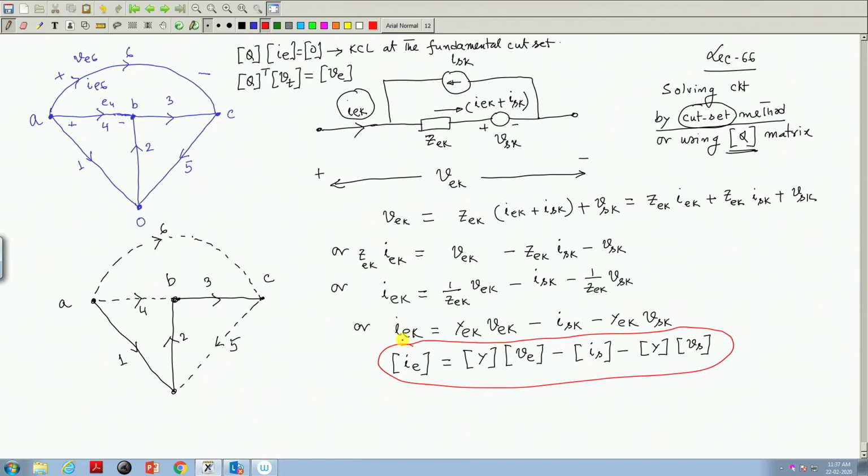Then what you do is you pre-multiply this equation with Q, both the sides.